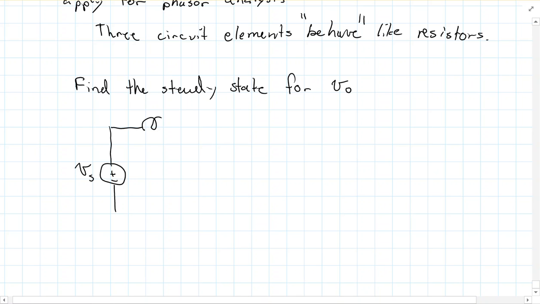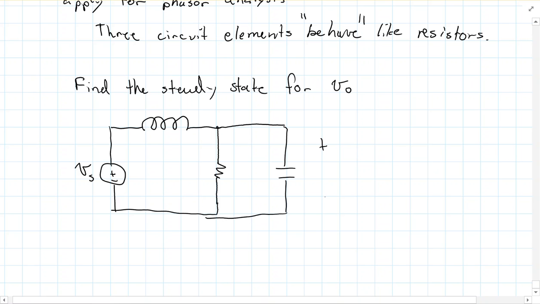We have an inductor, and then we have a resistor, and then that resistor is in parallel with a capacitor, and we're looking for plus minus V out here. And I should put in some values here for this. This is a 1 microfarad capacitor, this is a 400 ohm resistor, and then this is a 10 millihenry inductor.